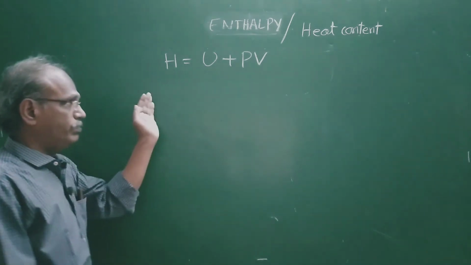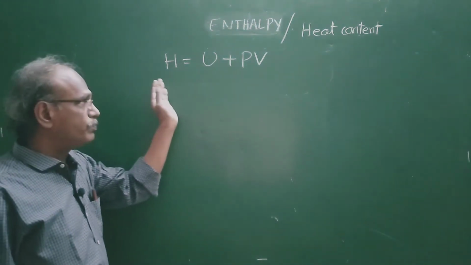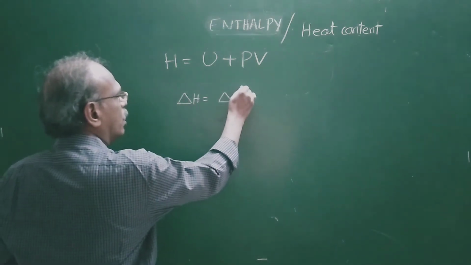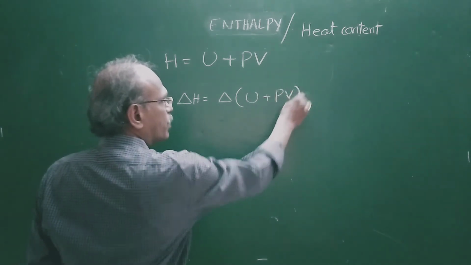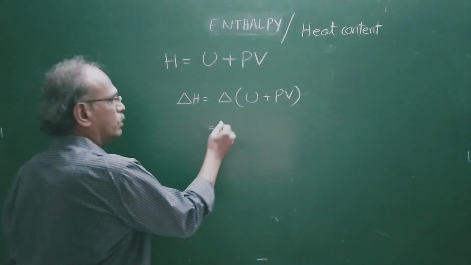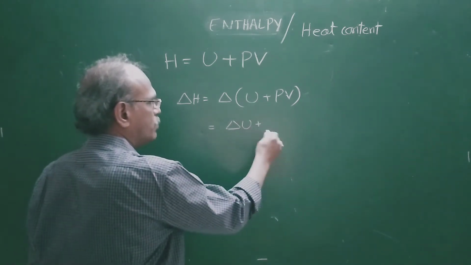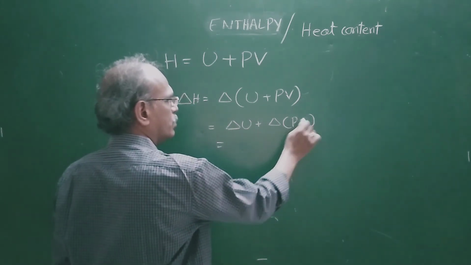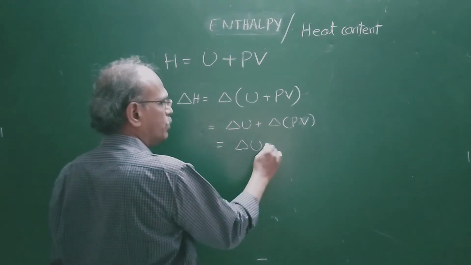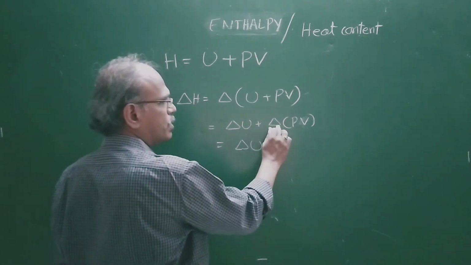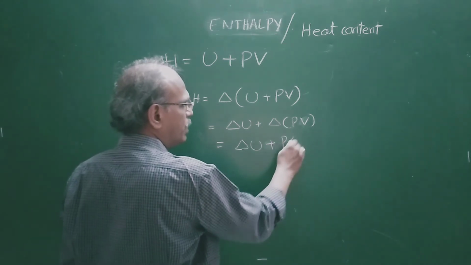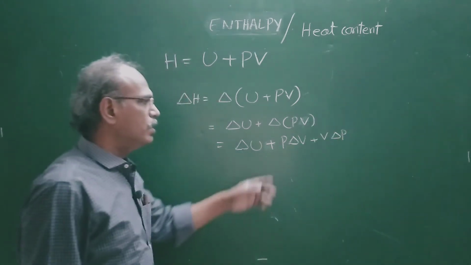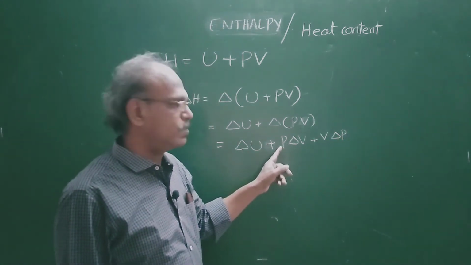Now see this: delta H is equal to delta of (U plus PV), or delta U plus delta PV, which can be written as delta U plus P delta V plus V delta P. Volume changes when pressure is kept constant.